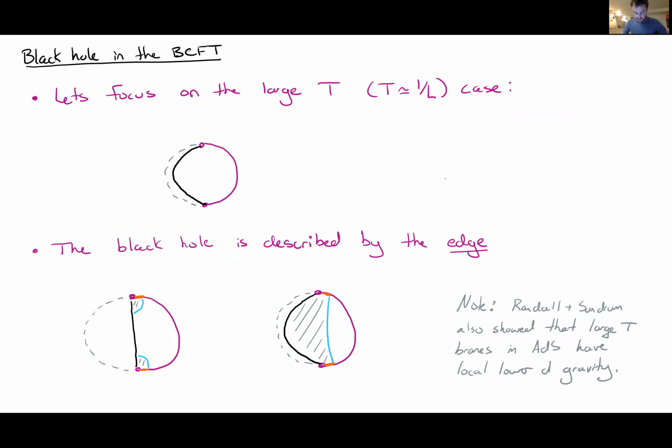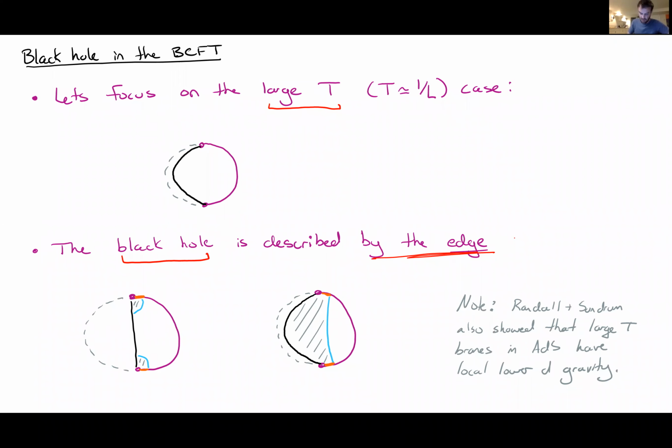The next thing I'm going to do is focus on a special case, the case where the tension is large. That is nice for two reasons. The main reason is that in the limit of large tension, the black hole, i.e. the brane, is described by the degrees of freedom that live at the edge.